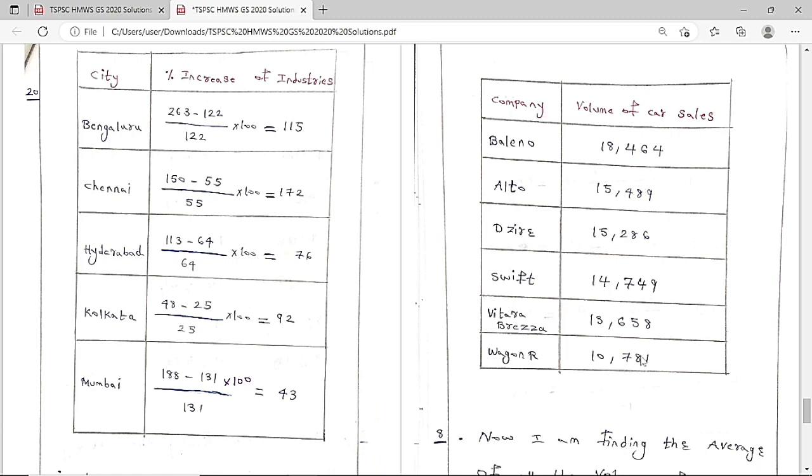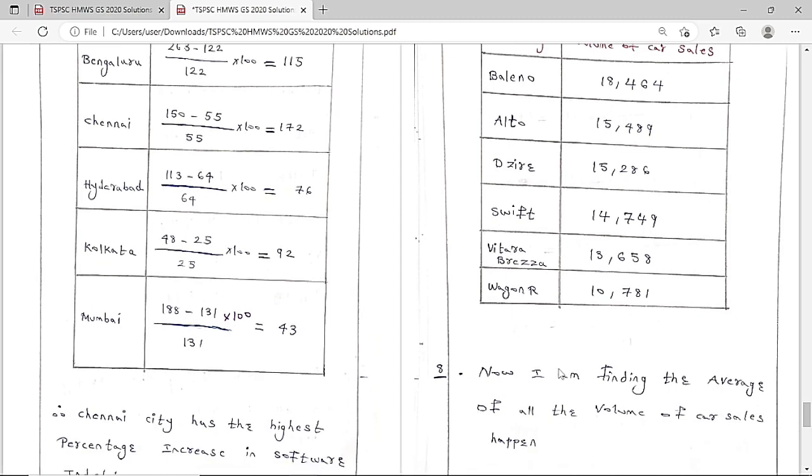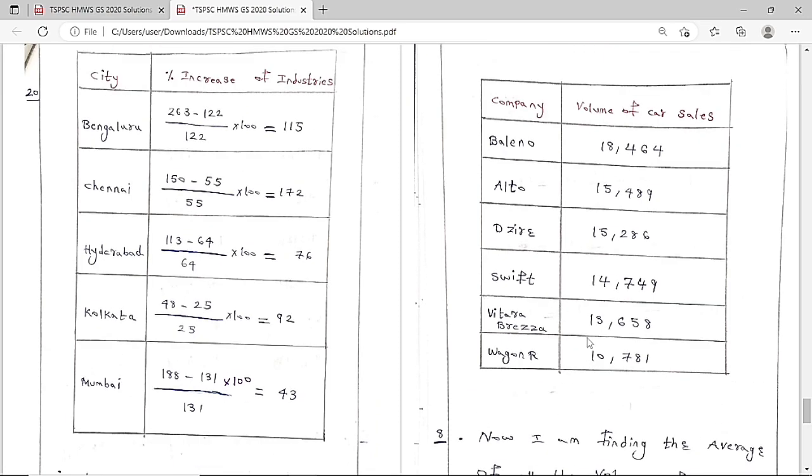Now, the first thing I am going to do is find the average of all the volumes of car sales.